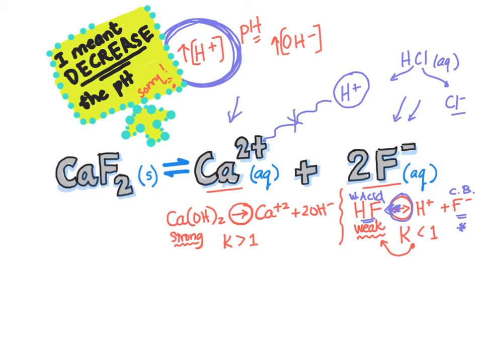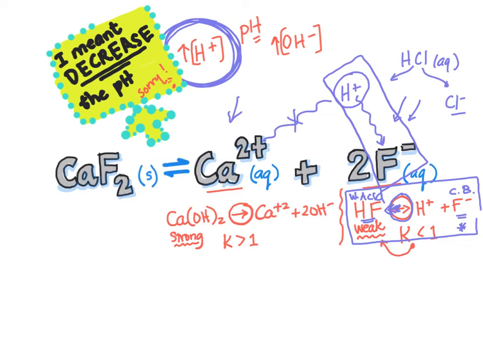But if this hydrogen ion meets this fluoride, from what we know of this situation, this is a weak acid when protonated with the hydrogen ion, and this is establishing, all of a sudden, another equilibrium in this solution.